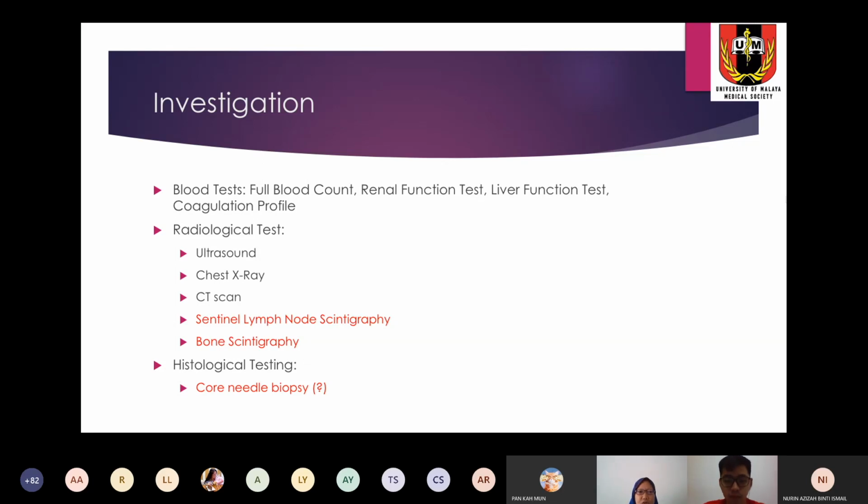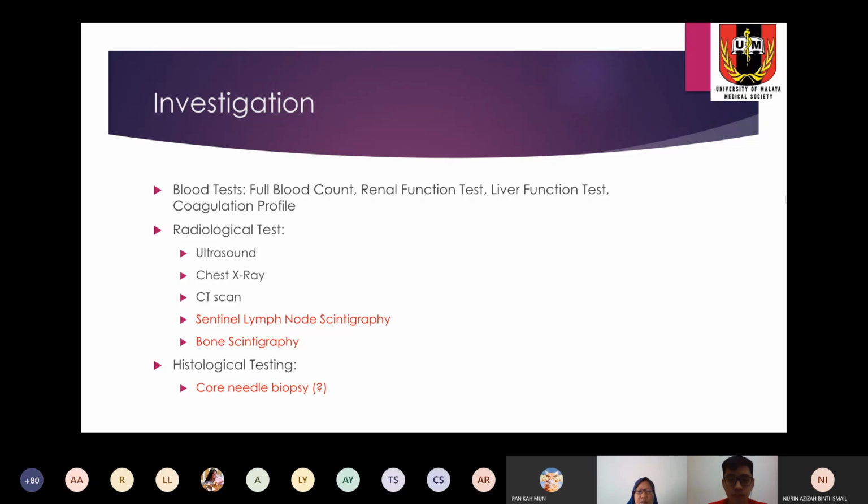Then you go into the question about bone scintigraphy. Normally when you stage a patient, do you stage everybody? No, correct. If a patient has breast cancer stage 1 or stage 2, normally you won't stage the patient. You don't do CT staging.